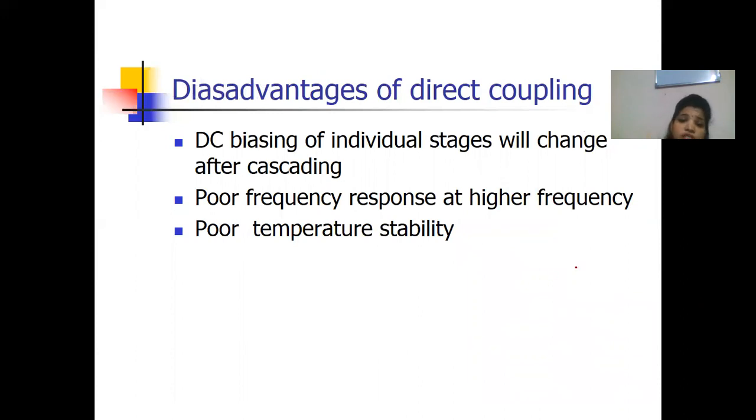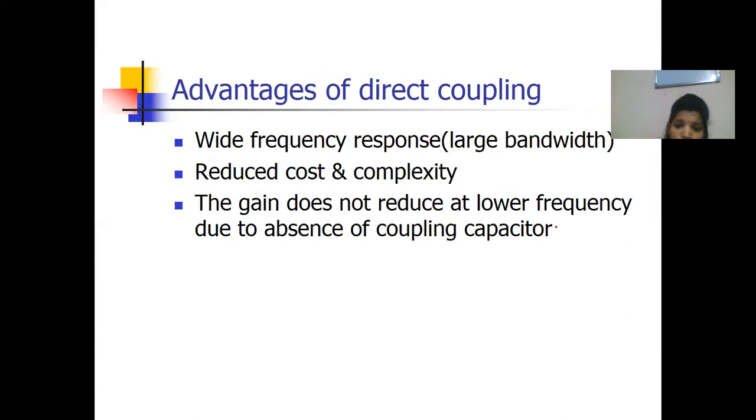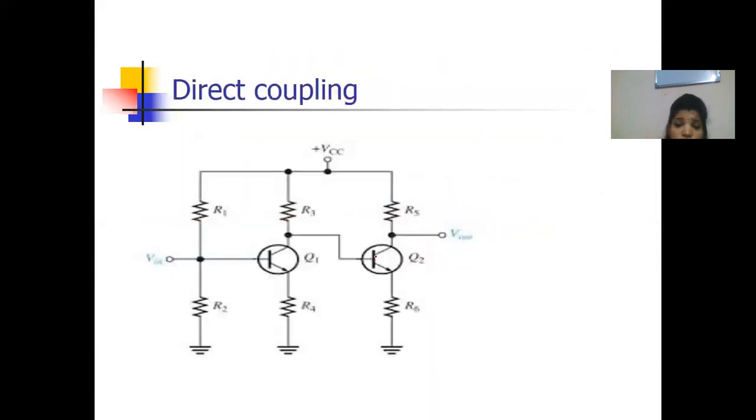The main disadvantage is that DC biasing of individual stages will change after cascading, because there is no capacitor. When we do DC biasing, the Q point of the first stage will affect the Q point of the second stage, because these two stages are not separate. In the first case, the capacitor separated those two stages, but now they are not separate.